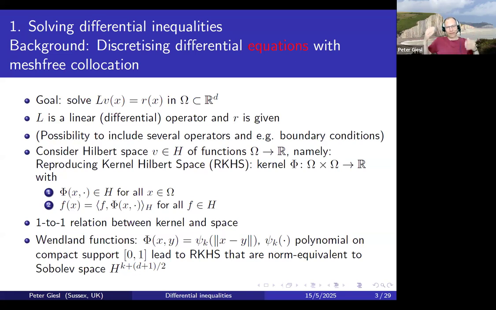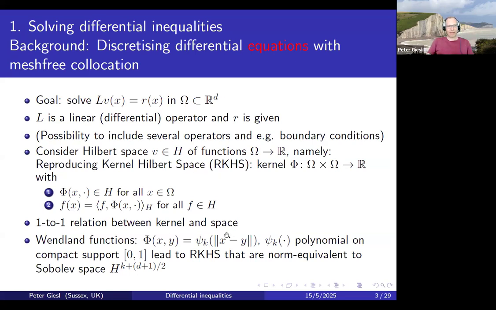So depending on k, you have smoother functions, and that in turn leads to a smoother Sobolev reproducing kernel Hilbert space. So the corresponding reproducing kernel Hilbert spaces to these kernels are norm equivalent. So they're not the Sobolev spaces with the usual norm, but they're norm equivalent to the usual Sobolev spaces. And here the k you can choose by choosing the kernel, and then there's a d plus 1. D is the dimension of the space.